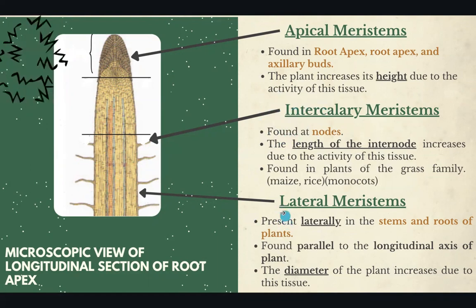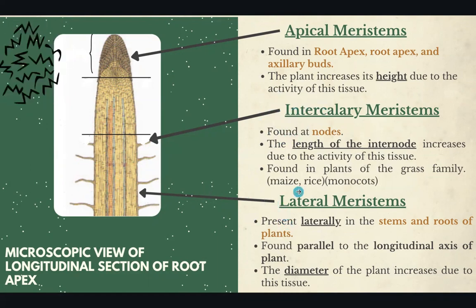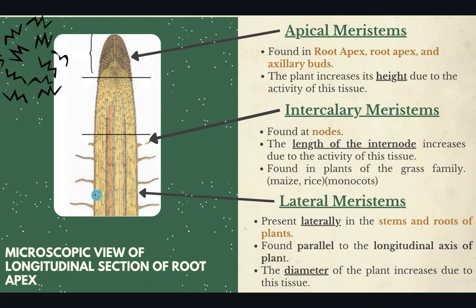And then the lateral meristem. Basically, the lateral meristem is based on the diameter of the plant, where simply it's based on the stem and the roots of the plant. You see the diameter increased.